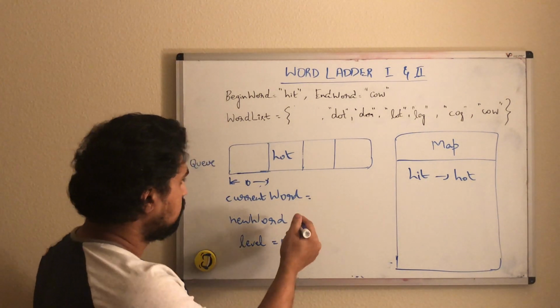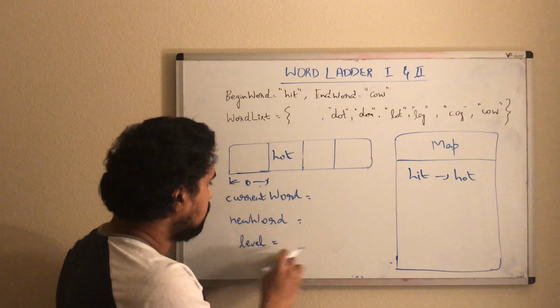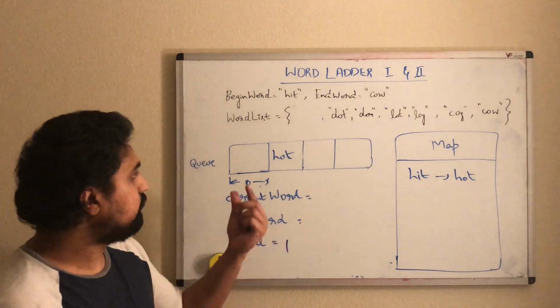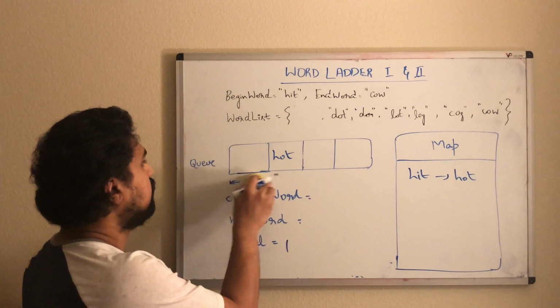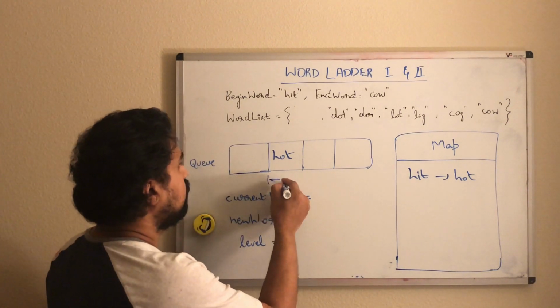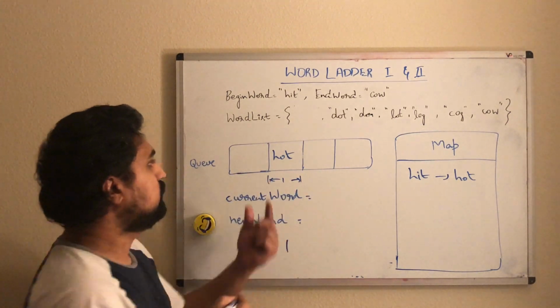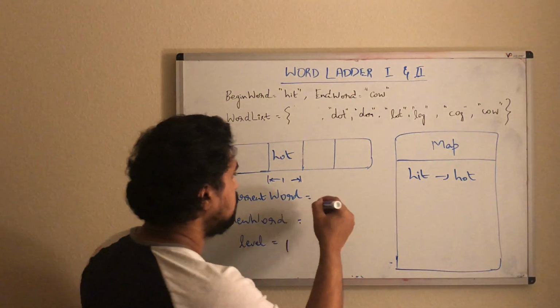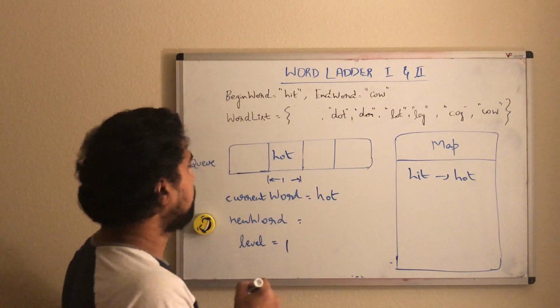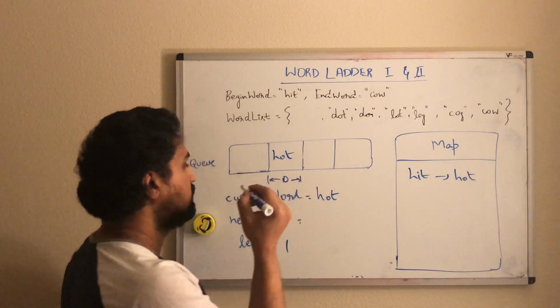Now we are moving to level 1, and in level 1 once again we have only one word. So we shall poll this word and assign it to current word. Now the size is 0.